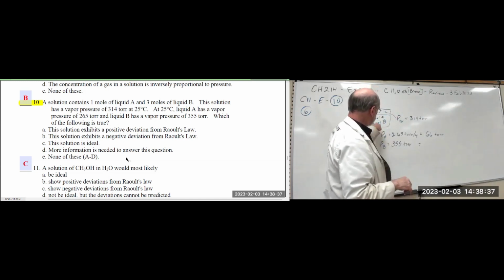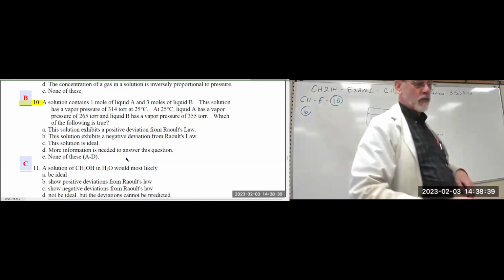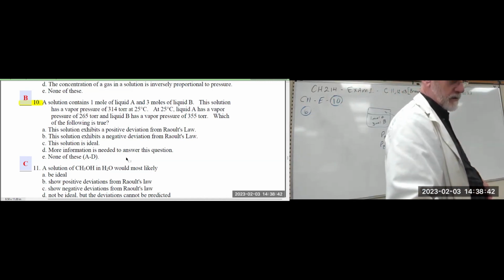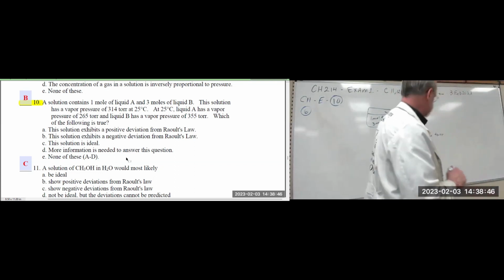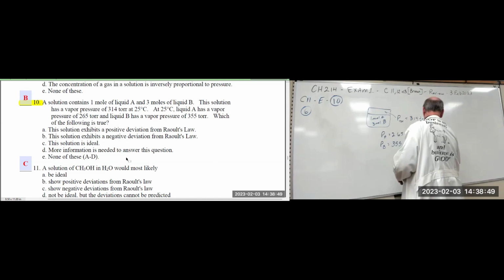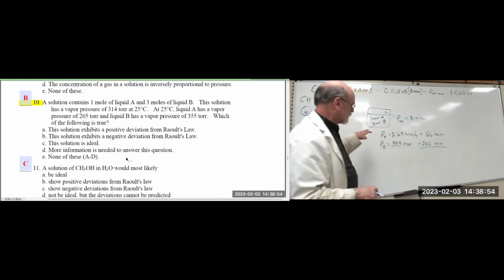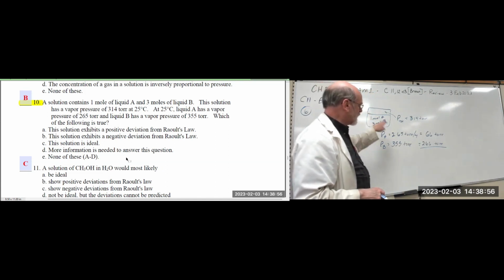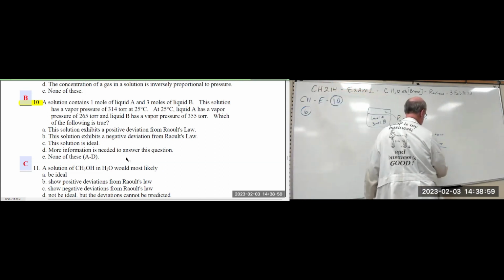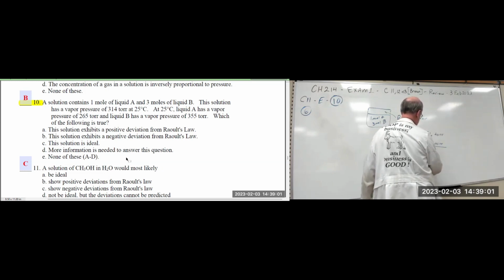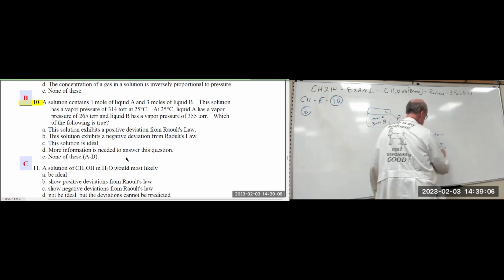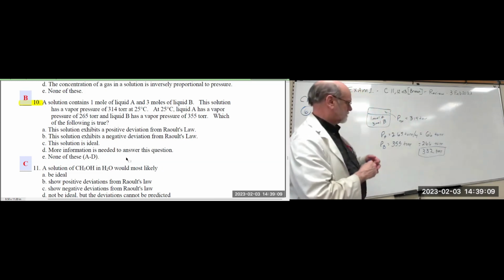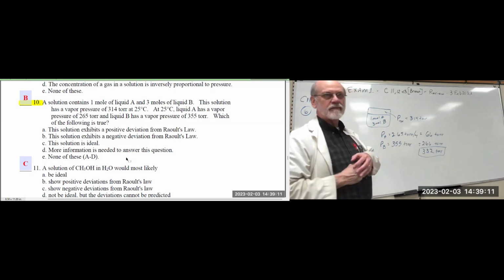This one is 3/4. Contribution of B is 3/4 of 355, which is 266. So if this were an ideal solution, then the vapor pressure would be the summation of these two. So it's 332. So it should be 332 torr if it were ideal.